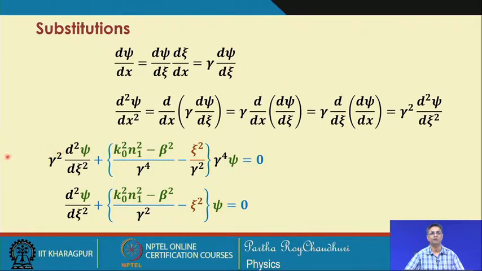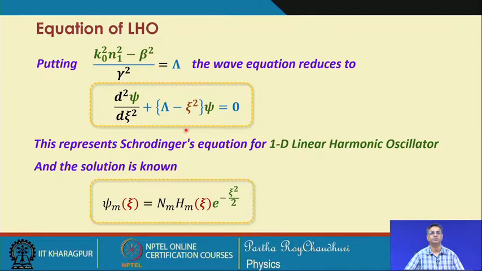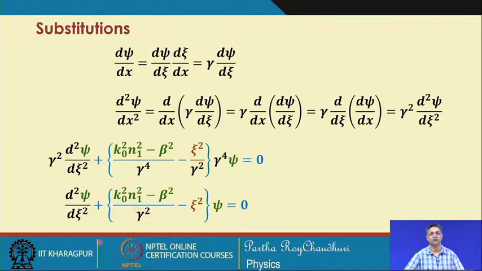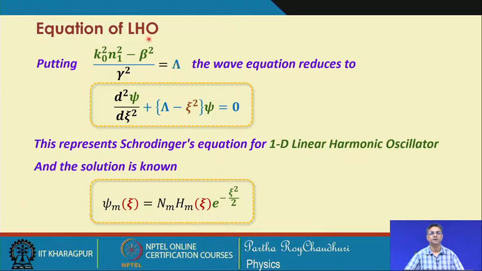Now, you can remove gamma squared all throughout, then you get this equation, and this equation will remind you of some known form. Now, if you put n_1 squared k_0 squared minus beta squared by gamma squared equal to lambda, I put this quantity equal to capital Lambda, then this equation reduces to this form, and this form is very well known.